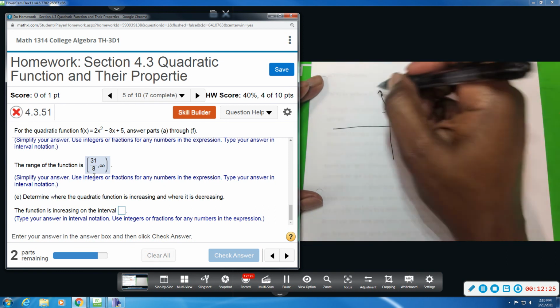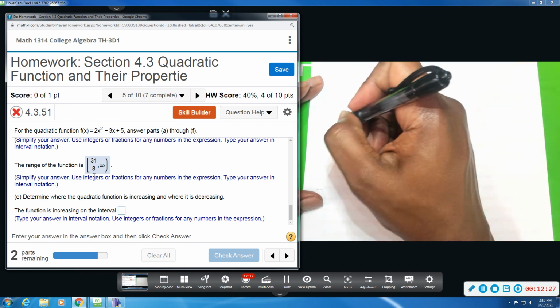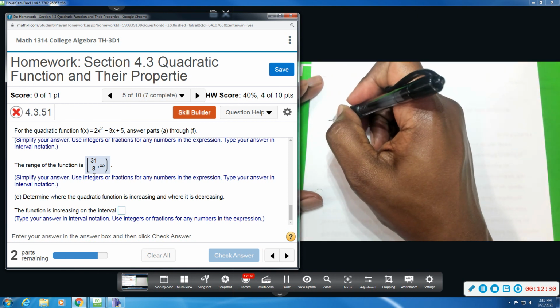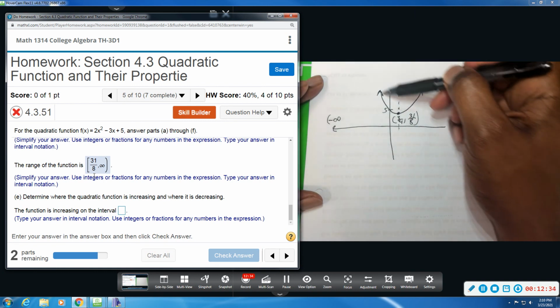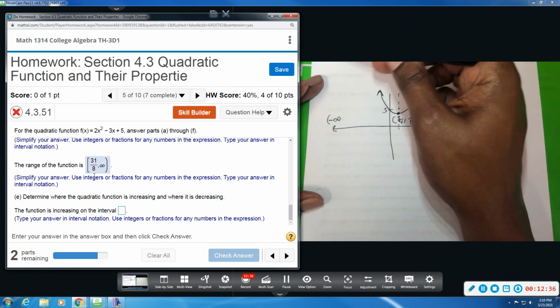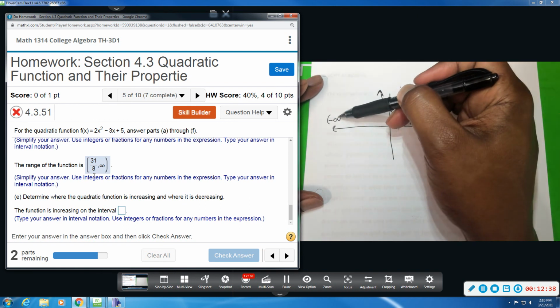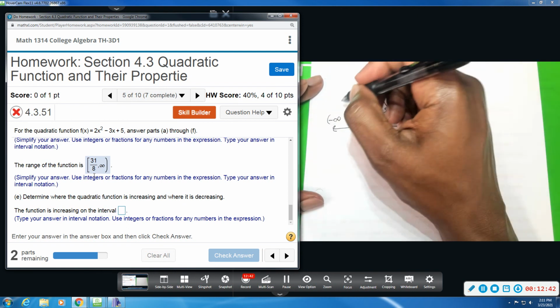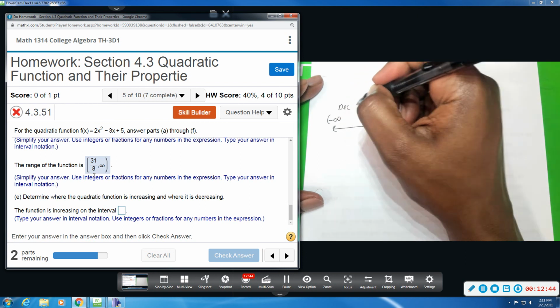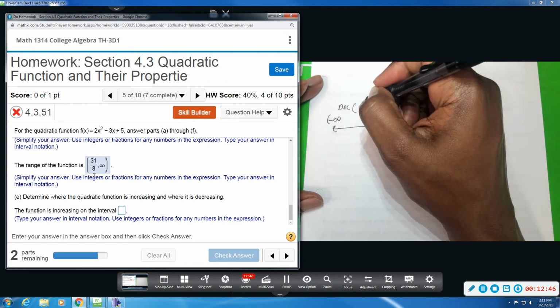The way we determine increasing, decreasing, again, read left to right. The left side in the x direction is negative infinity. Because we have an arrowhead, this graph is coming all the way from the left from negative infinity, and it's going downward, which means it's decreasing all the way starting from negative infinity.